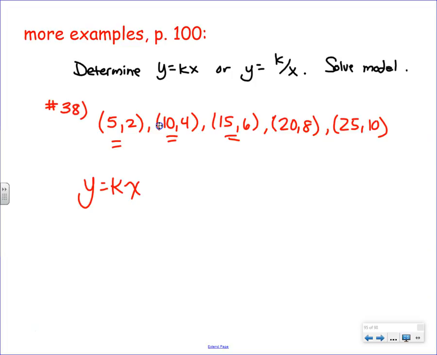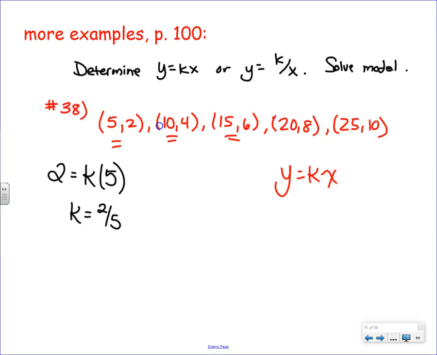Now, if that didn't work for you, the other way that you can think about it is the following. You could say, all right, fine. If this one works in that equation, I should be able to plug in when y is 2, x is 5, right? I should be able to solve for k, so it would be 2/5.